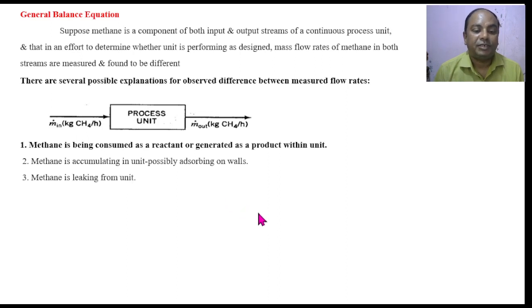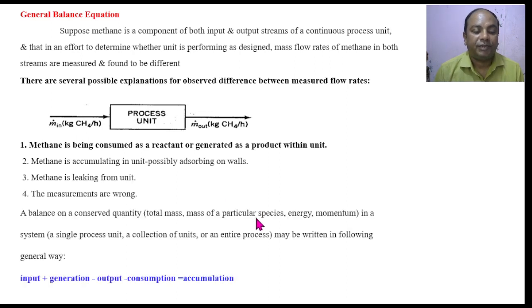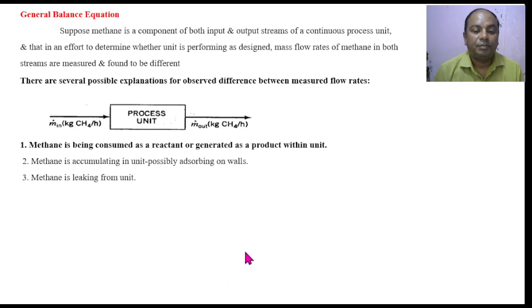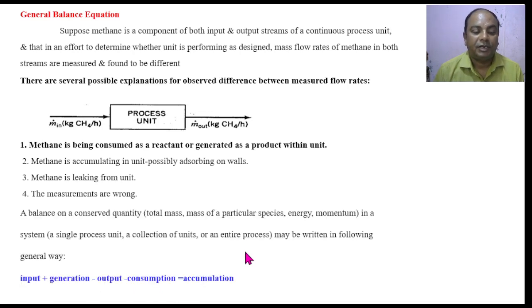That equation is input plus generation minus output minus consumption equals accumulation.